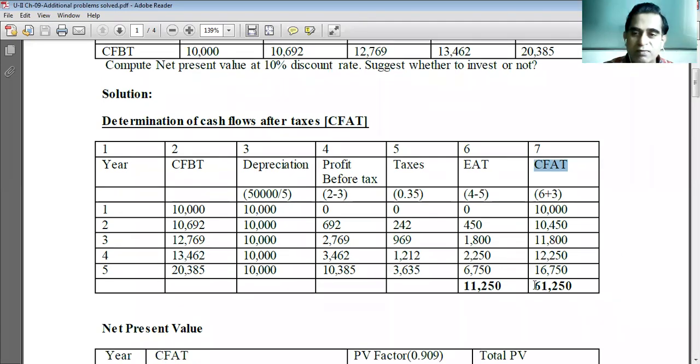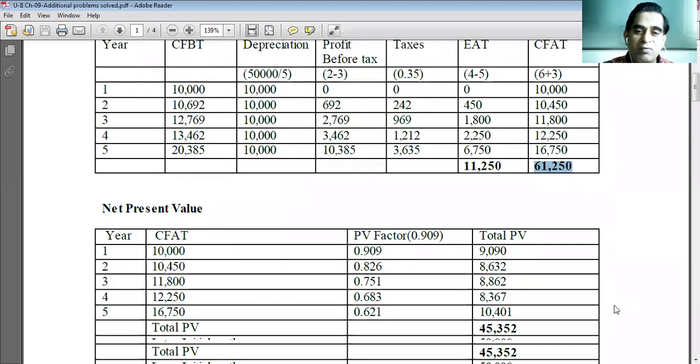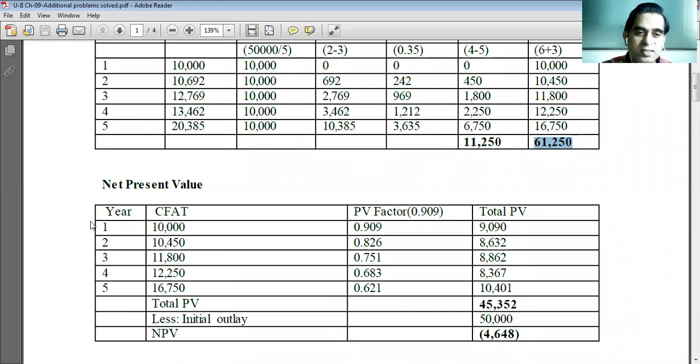So the total of CFAT is 61,250 rupees. Now I have to find out the net present value. This is a simple method, I hope you remember. You need 4 columns: the year column and the CFAT, which we have found here.